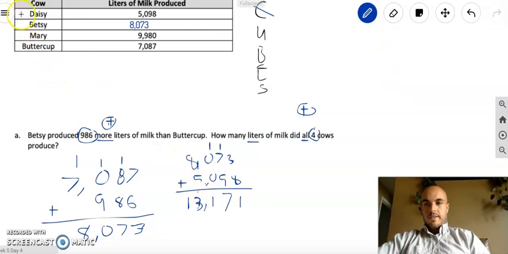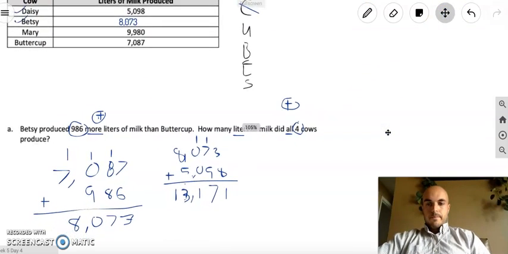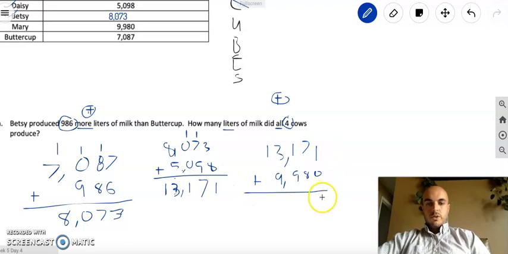So we've added Daisy and Betsy. Now let's add Mary. Let's move over just a bit. Okay, so 13,171 plus 9,980. 1 plus 0 is 1. 7 plus 8 is 15.